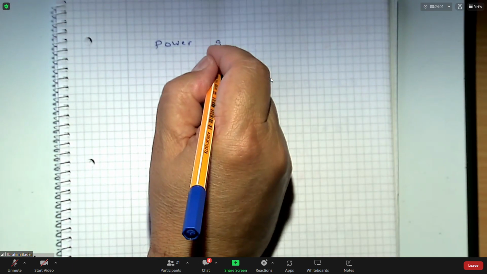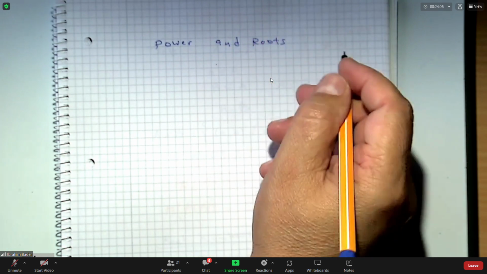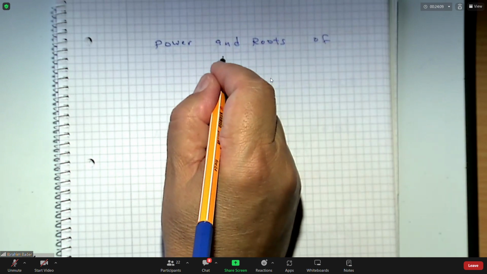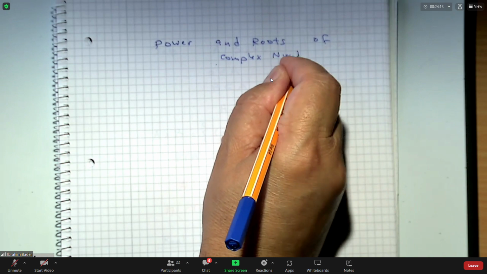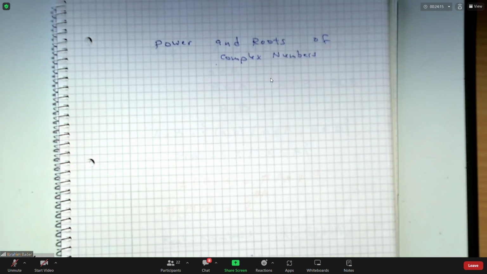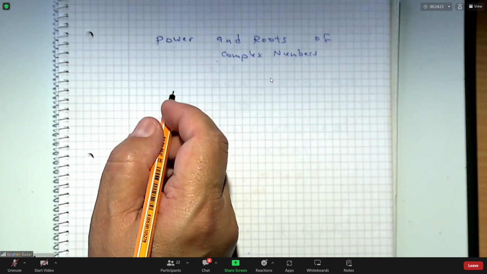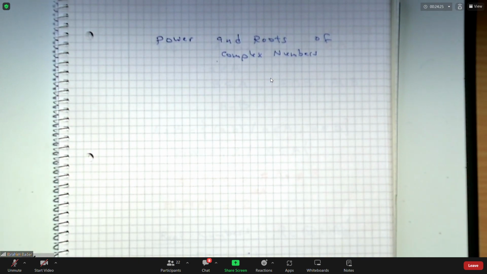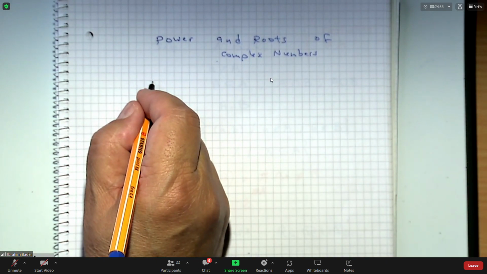Power and roots of complex numbers. Okay, so power and root of complex numbers, we said that a complex number can be given in so-called standard form.